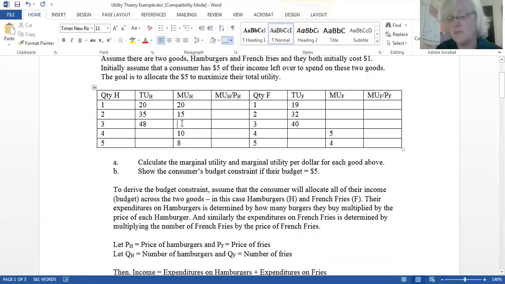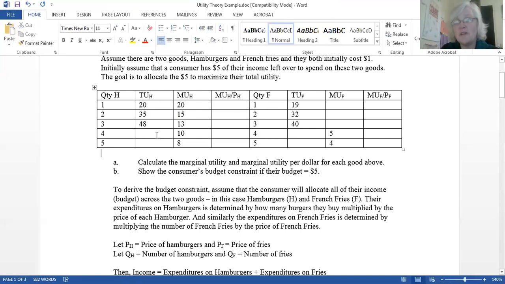I tried to use my keypad, I guess I had my number lock on. There we go, 13. So the marginal utility of the third hamburger is the change from 35 to 48, and so that's 13.